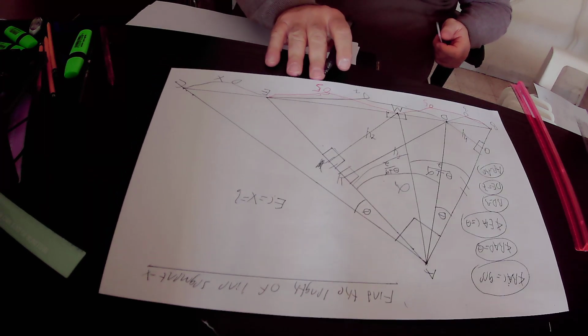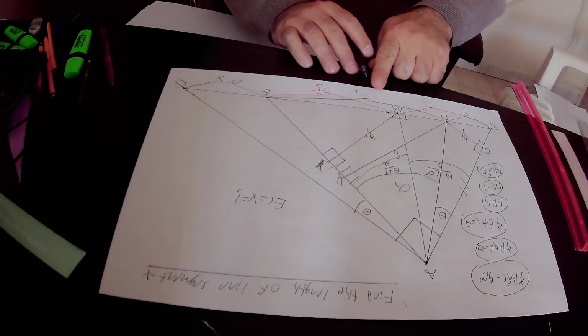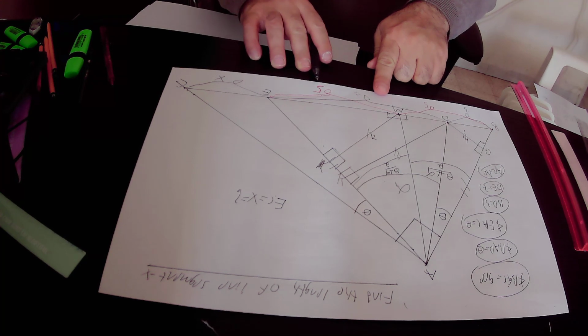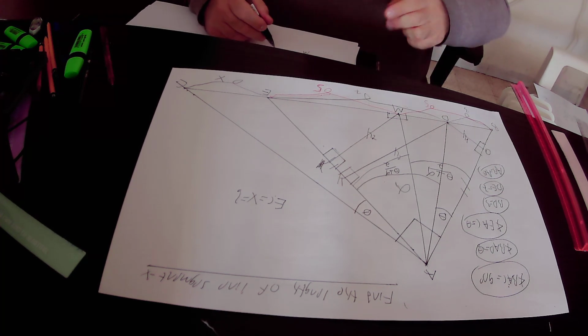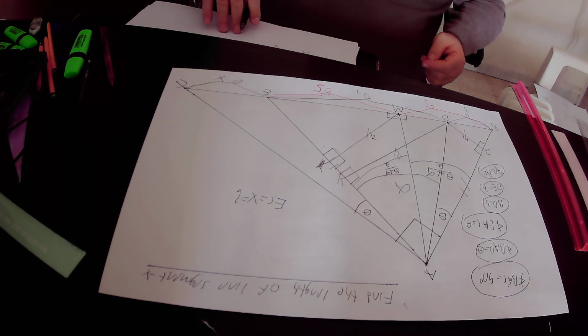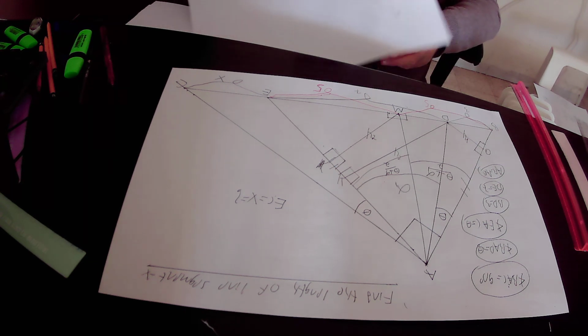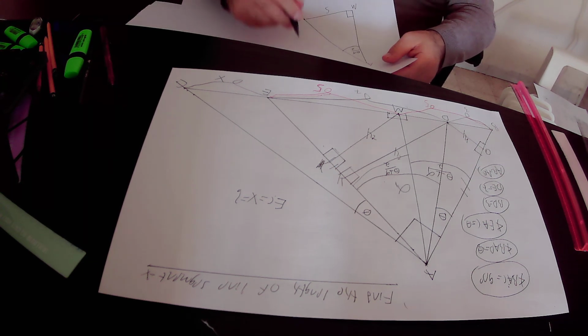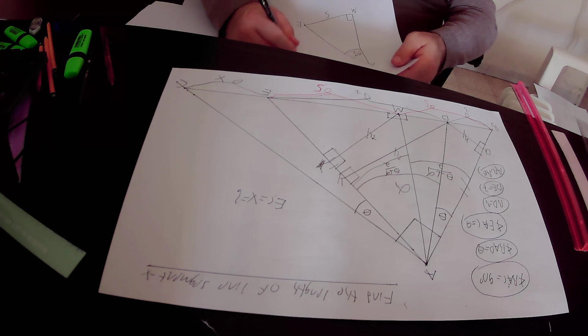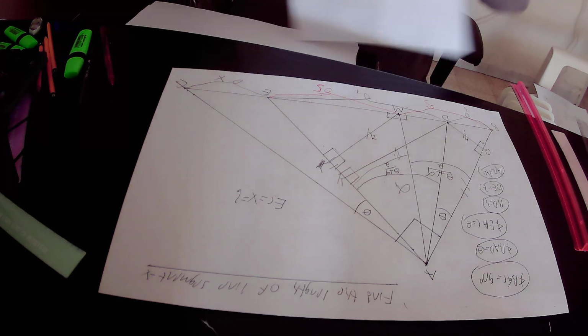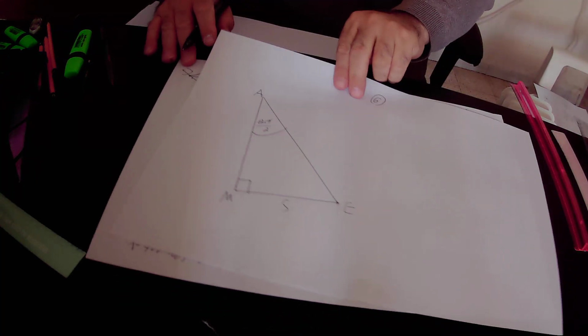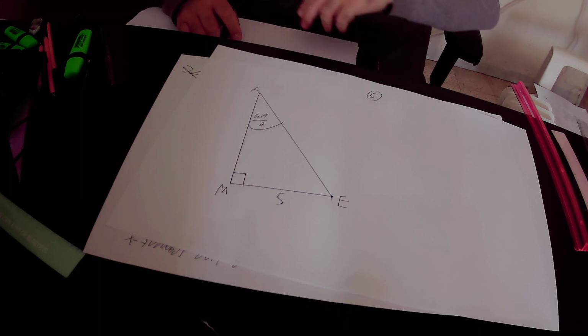And from the drawing you can see that ME is equal to 5 units. So this is the right triangle AME.